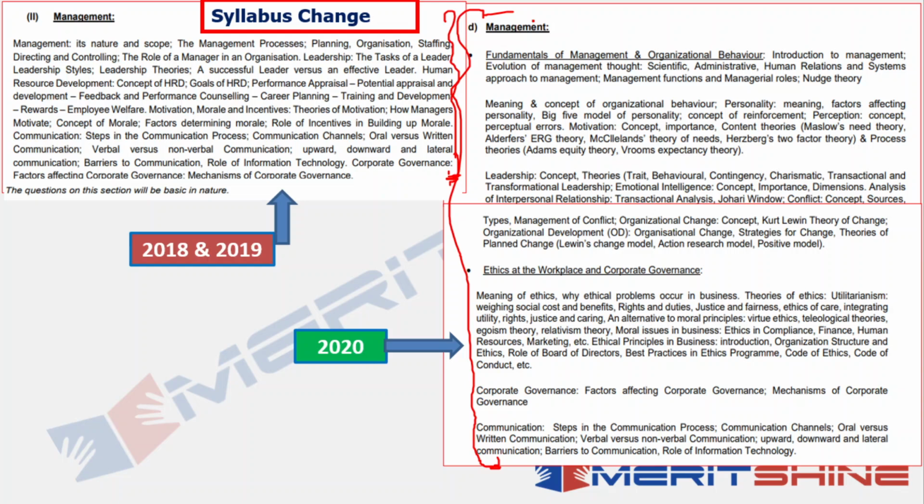Looking at this, taken from the 2018-19 notification and 2020, it would be hard pressed for us to understand the real changes just by looking at these two. Obviously, we can understand that there were many changes, but what were the real changes? For that, I will go to the next slide.